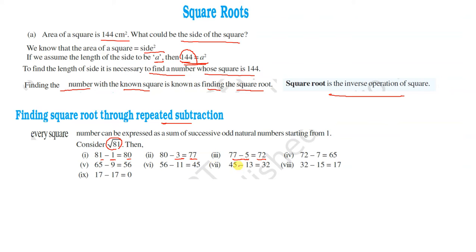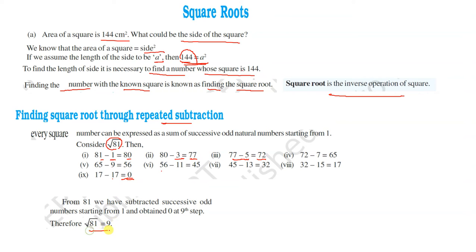Likewise, we will do this process till we get the result as 0. The number of steps after which you get 0 will be the square root of the given number. Here, in 9 steps, we get 0. So the square root of 81 will be 9.